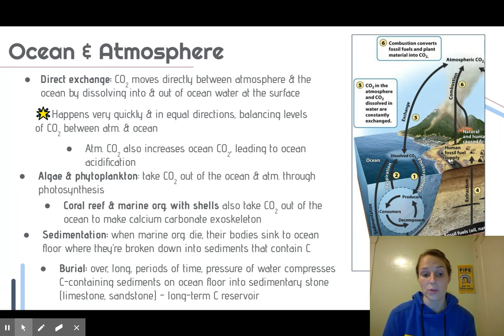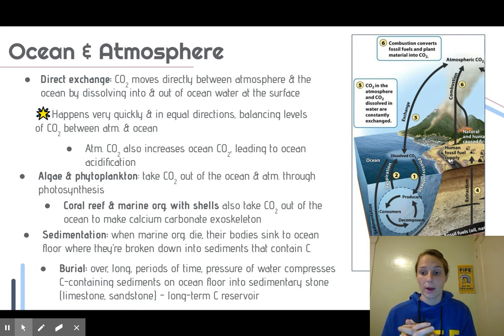This is where the pressure of the water is going to press that carbon-containing sediment from the dead marine organisms, and it's going to happen on the ocean floor where it's creating sedimentary stone. Stones like these are going to be limestone or sandstone, and these are going to be long-term carbon reservoirs. They're going to be stuck there for quite a while.